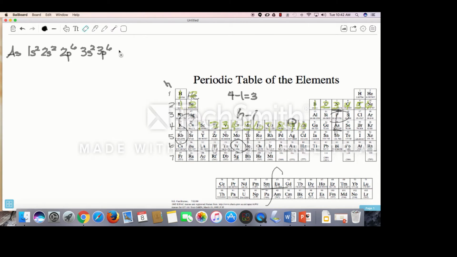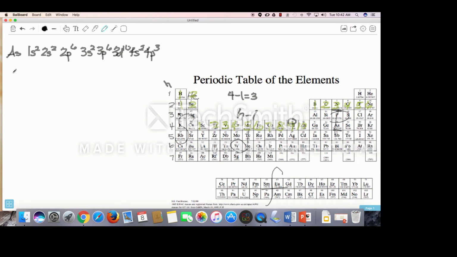All right, so the correct way to write this would be 3d10, 4s2, and 4p3.